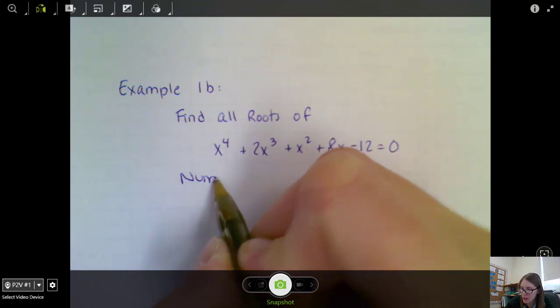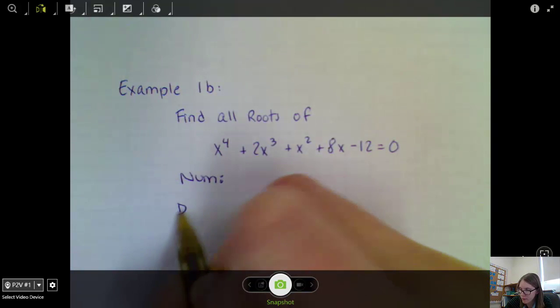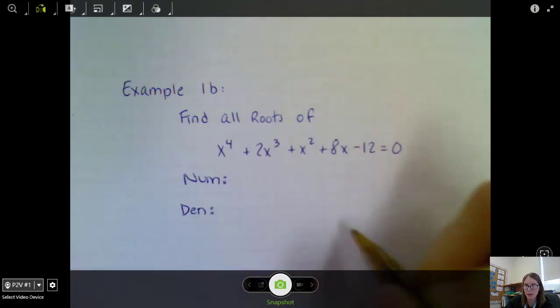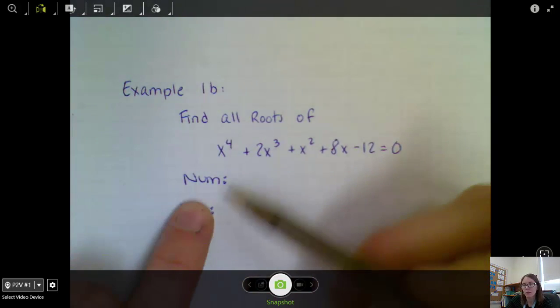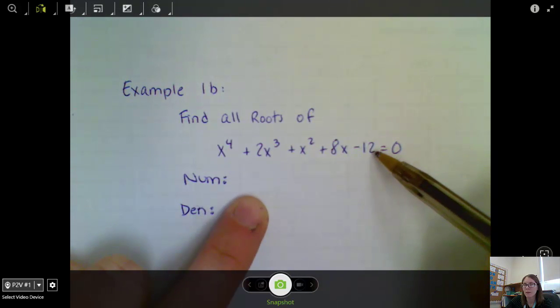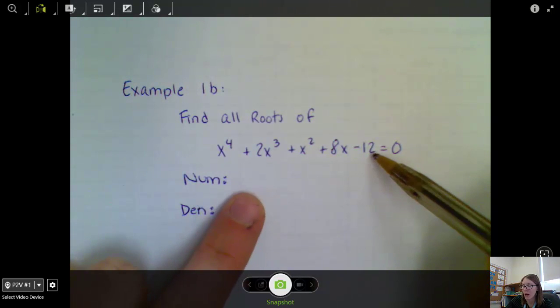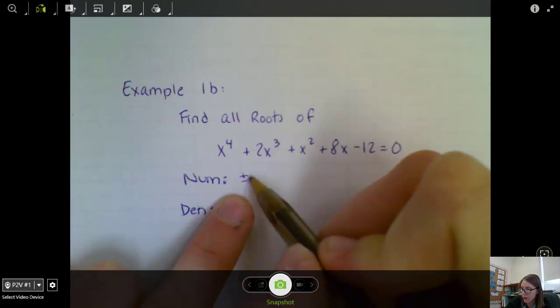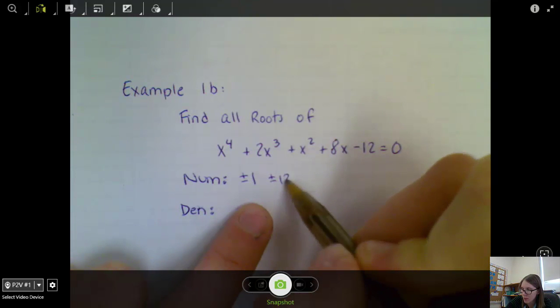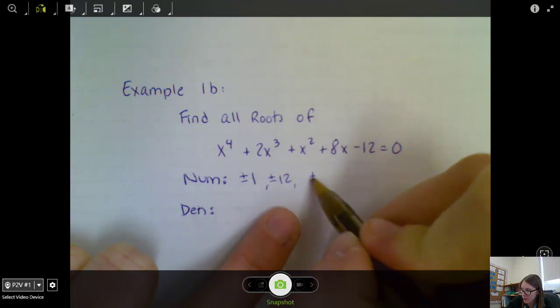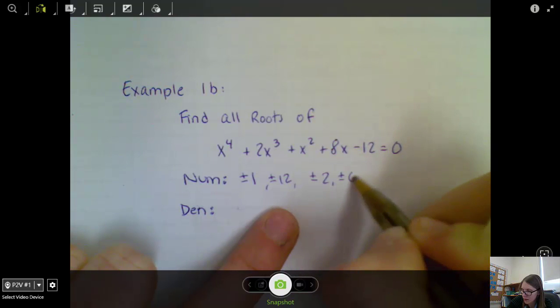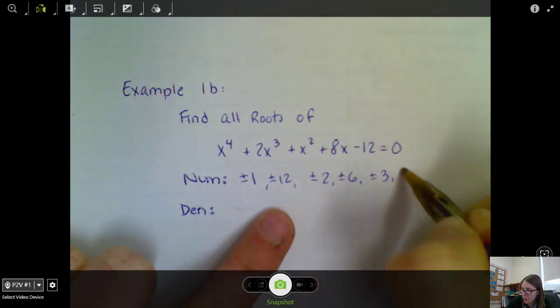And list out our possibilities for our numerator and for our denominator. Possibilities for the numerator have to multiply to 12. So we could have 1 and 12, 2 and 6, or 3 and 4.